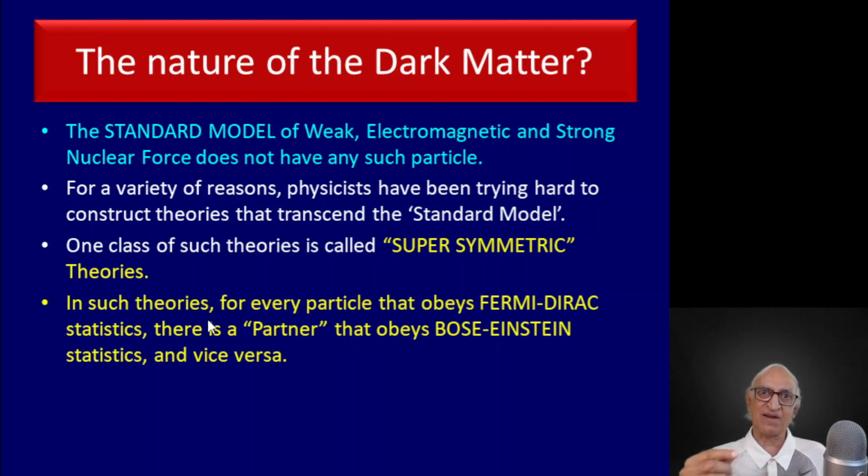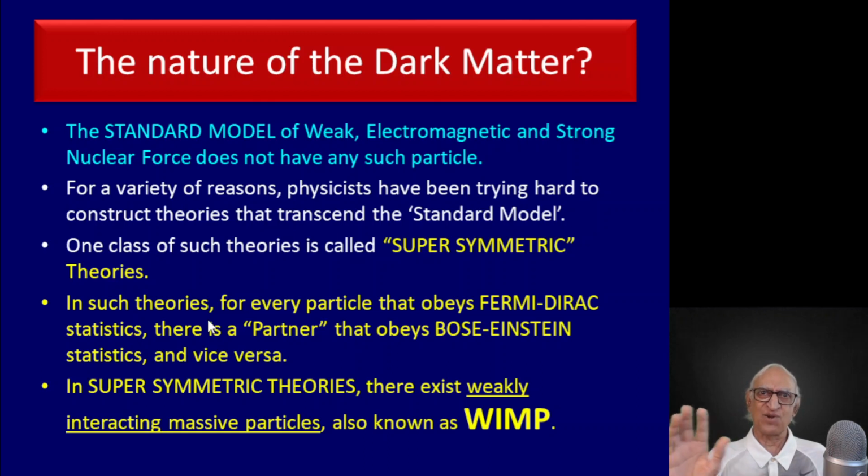Similarly, for every particle, like the pi meson, which obeys Bose-Einstein statistics, there is a supersymmetric partner particle that will obey Fermi-Dirac statistics. So that is the supersymmetry. It's the supersymmetry between the two statistics, namely the Fermi-Dirac statistics and the Bose-Einstein statistics.